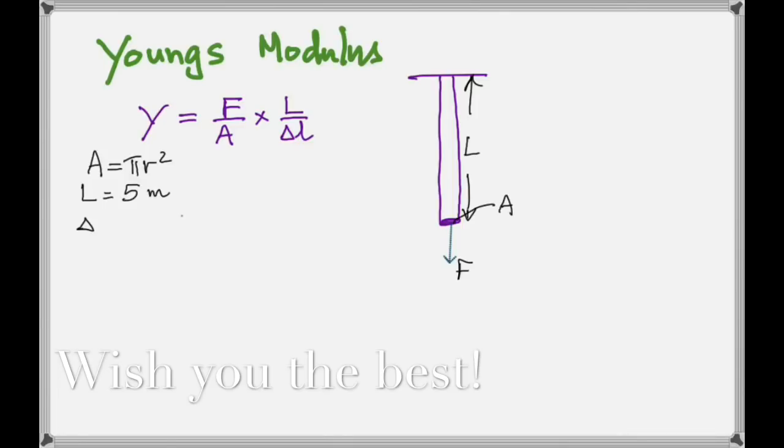I will not, okay? So here's a problem. Try to do that as an example. If the original length is 5 meters, I've given you that. The extension is 1.8 millimeters, which I change in a meter. And the radius is 1 millimeter.